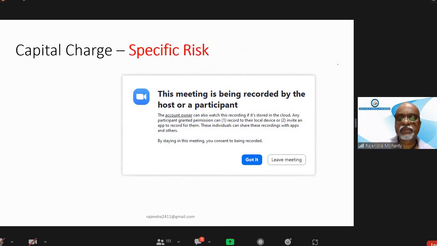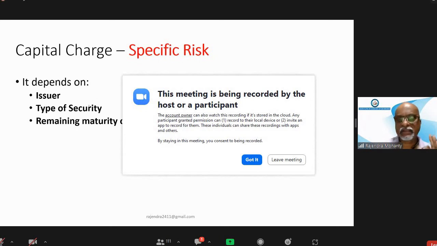Now we'll see how the specific risk is calculated. The specific risk pertains to the issuer. So it depends first on the issuer, or any factor related to the issuer, which may result in movement of the price or market value, or basically downgrading of the price or market value of the security. It also depends on what type of security they have issued, whether it's a bond, a share, or any other instrument like a debenture or other debt security instrument in which the bank has invested, and also on the remaining maturity of the security.